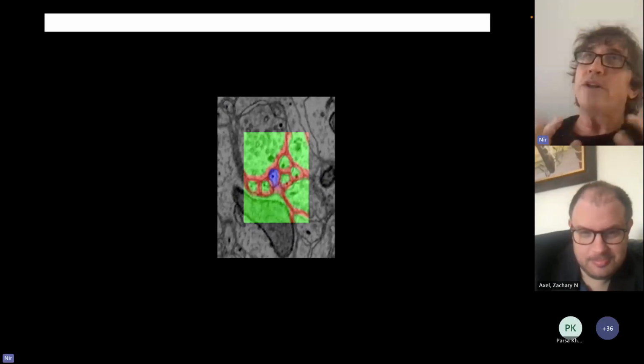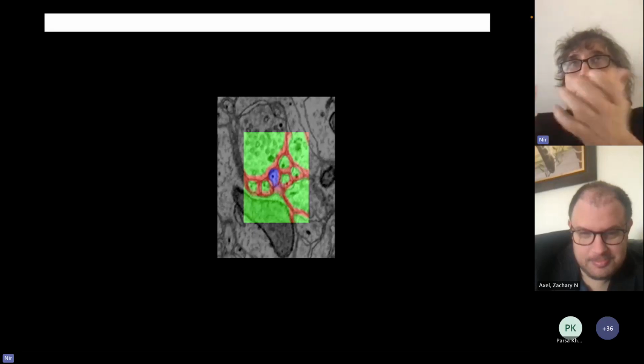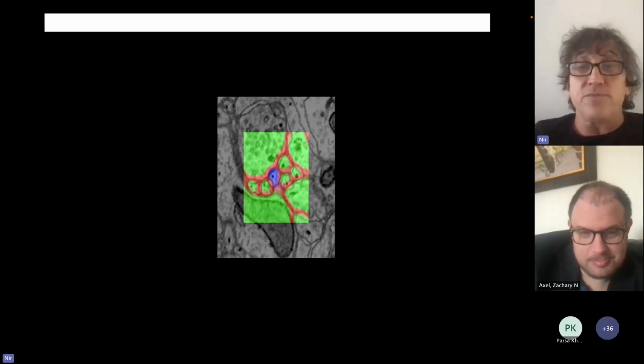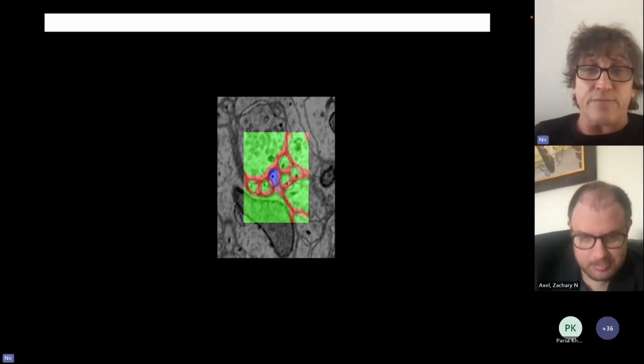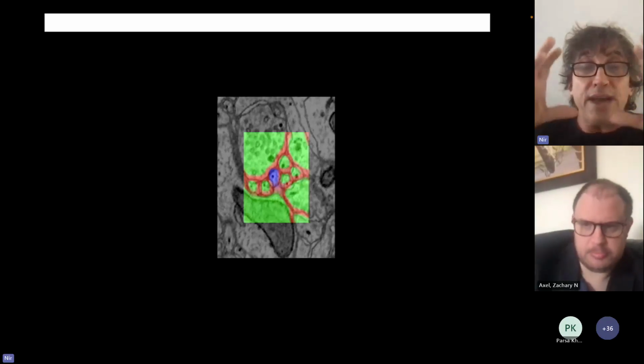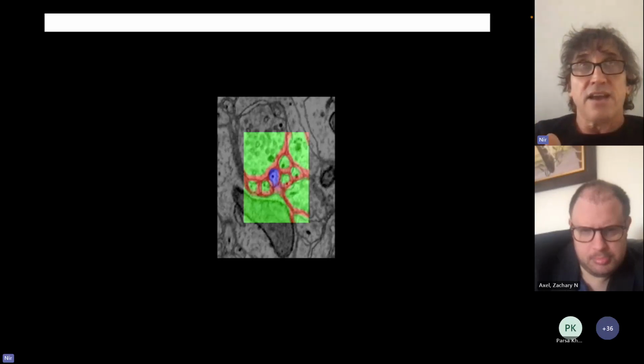So maybe we want to use what we understand about brains to inform machine learning, but the first thing we do is use machine learning to understand brains. And so, for example, we have techniques for tracking a neurite through this volume.